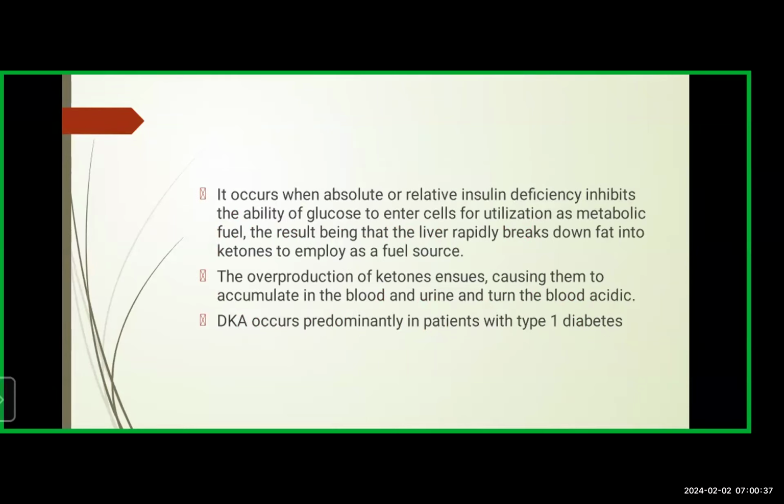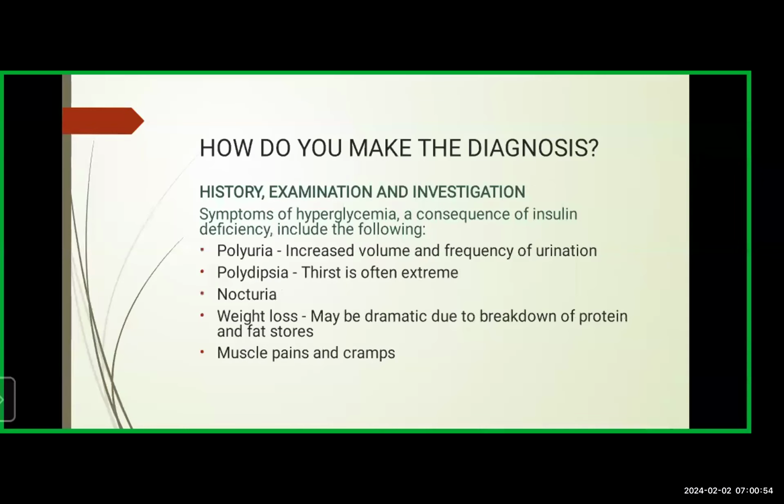It occurs when there's deficiency in insulin, inhibiting glucose from entering the cell, thus making ketone an alternative source of fuel. This predominantly occurs in type 1 diabetes.